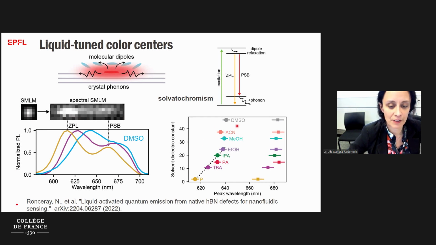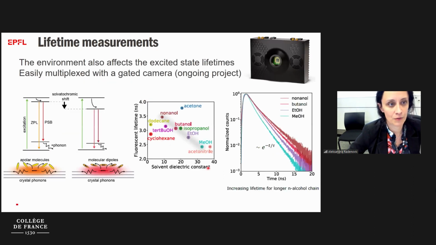So looking at the different types of solvents, focusing on their zero phonon line and the phonon sideband, we can see these shifts based on the dielectric constant and polarity of the solvents. Recently, having established lifetime measurements on our setups, we can also measure the lifetimes as a function of the type of solvent.